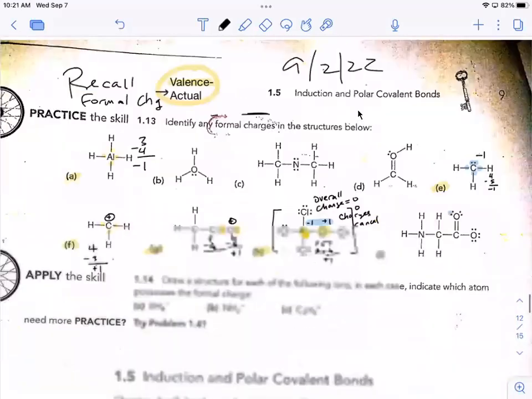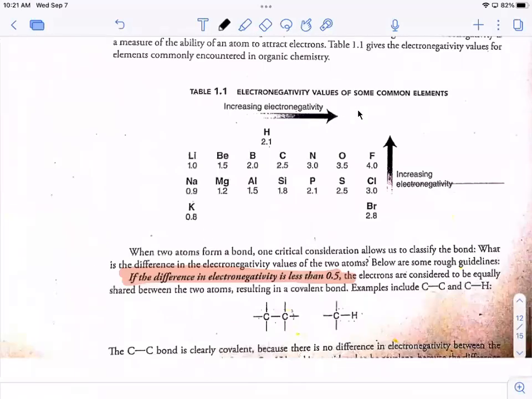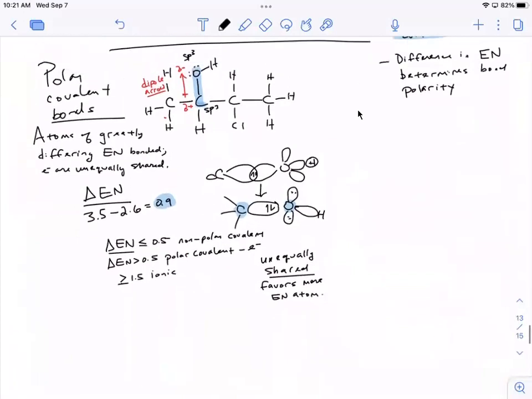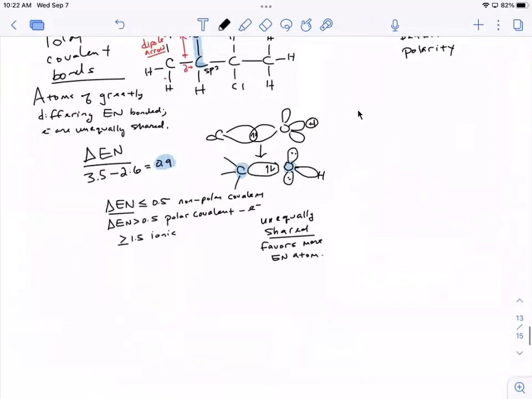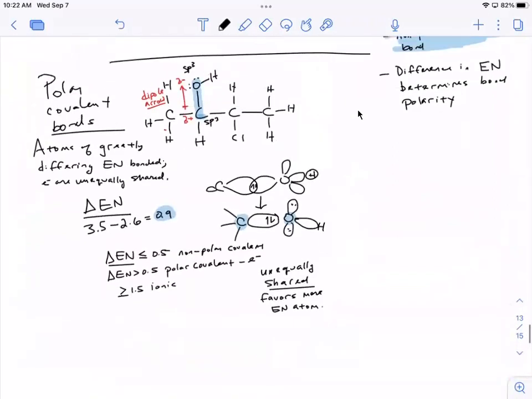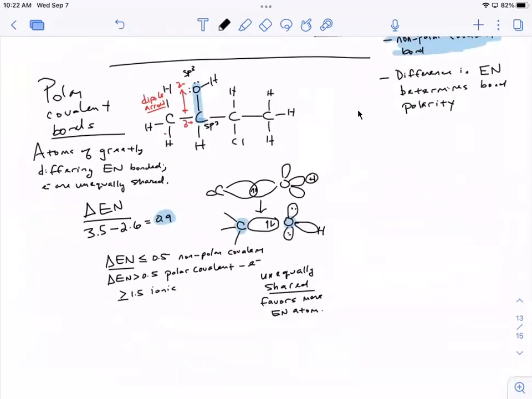When we left off, we talked about polar covalent bonds, and how the electronegativity of the different atoms affects bond polarity.